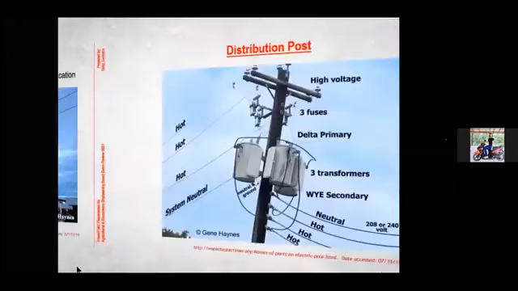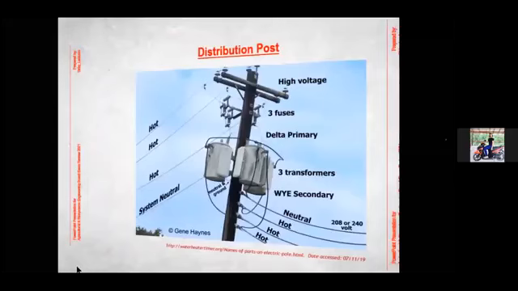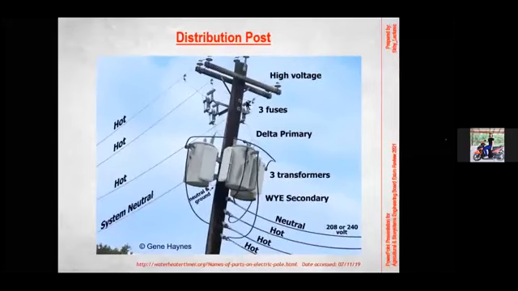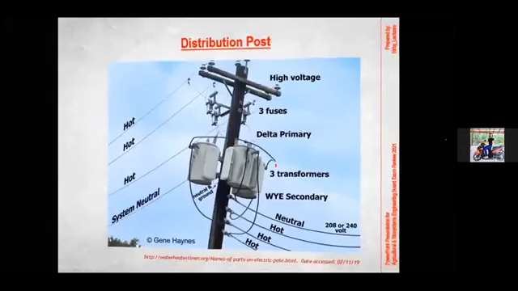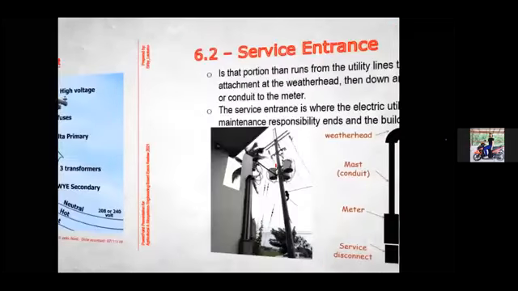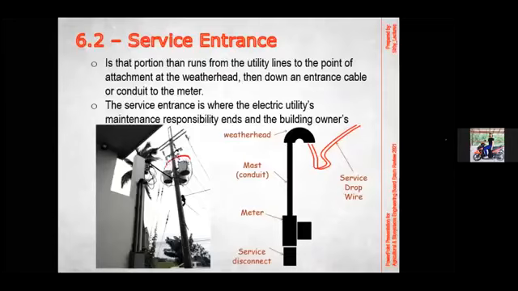And then here in our distribution post, it looks like this, and it has also some components right here, like for example 3 fuses, and we have transformers, if it's 3-phase, or it can be single phase. Okay, now let's talk about from this transformer, how does it get to the end user.